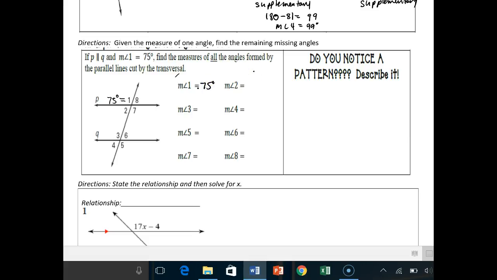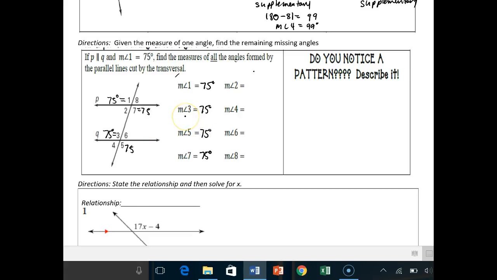Let's find out all the other angles that are 75. So angle 7 should also be 75 degrees because it's vertical. Angle 3 should also be 75 degrees because it is alternate interior with angle 7. And obviously angle 5 because it's vertical with 3, corresponding with 7, or alternate exterior with 1.